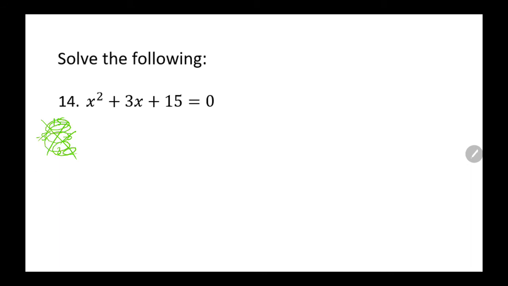I'm going to have to use the quadratic formula again. So x equals, let's write it out, negative b plus or minus the square root of b squared minus 4ac all over 2a. As before, we'll label our a's, b's, and c's before we begin. So a is equal to 1, b is equal to 3, and c is equal to 15.